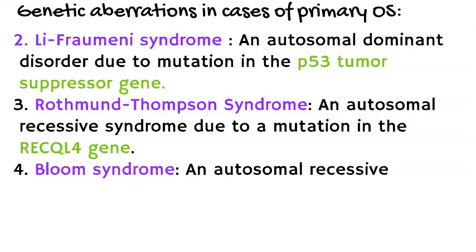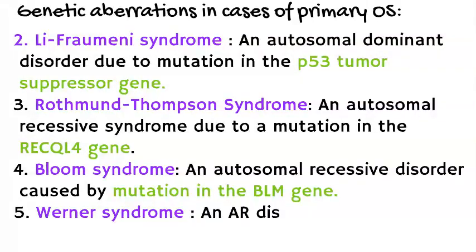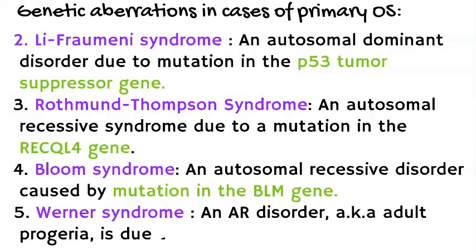Number 4, Bloom syndrome, an autosomal recessive disorder caused by mutation in the BLM gene. Number 5, Werner syndrome, an autosomal recessive disorder, also known as adult progeria, due to a faulty WRN gene.